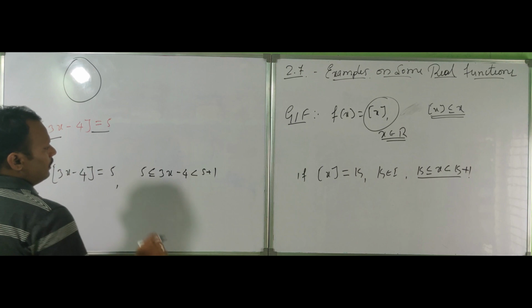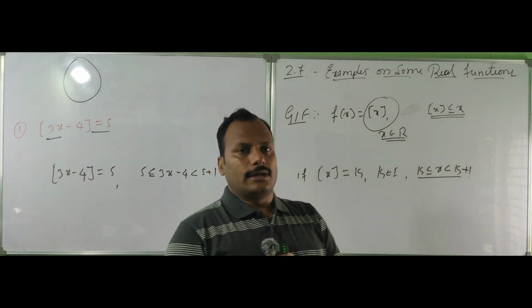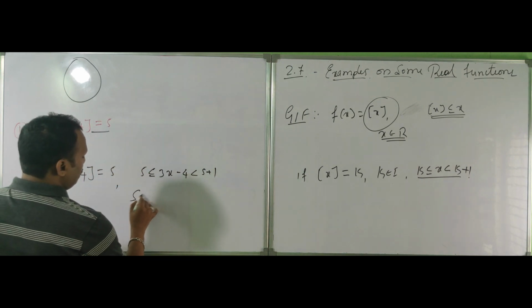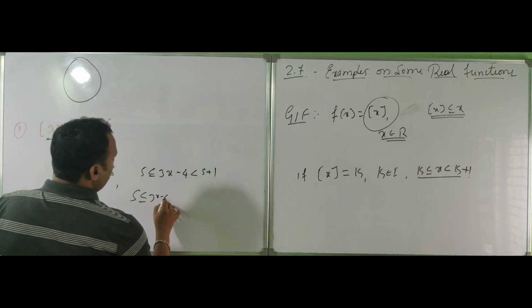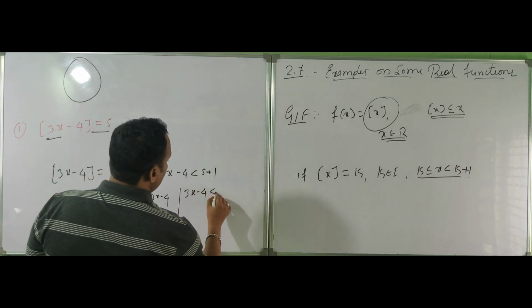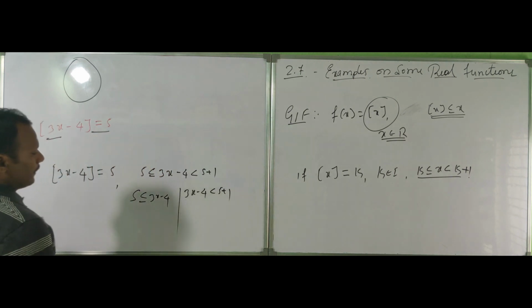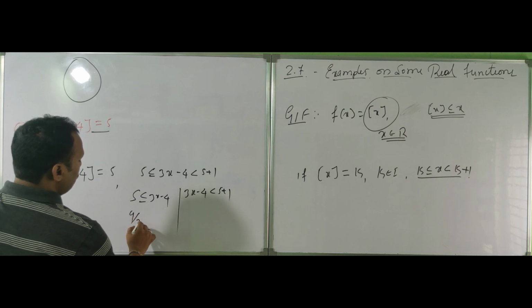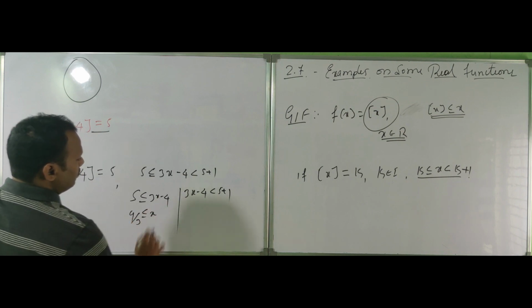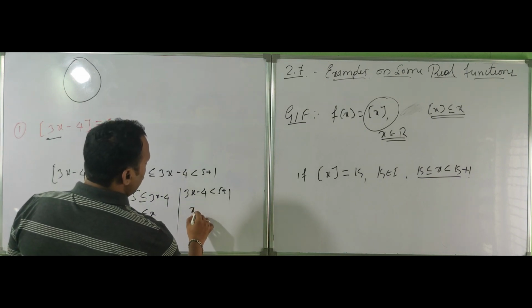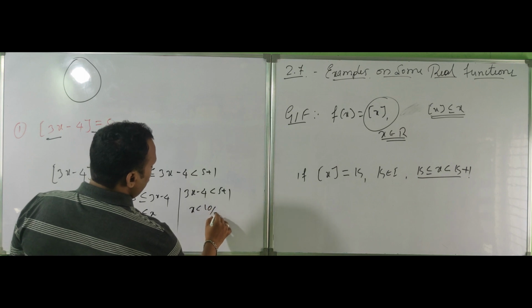If you are getting confused, you can bifurcate it into two parts. One is 5 is less than or equal to 3x - 4. Another is 3x - 4 is less than 5 + 1. This becomes 9 by 3 less than or equal to x, and 6 + 4 is 10, so x is less than 10 by 3.